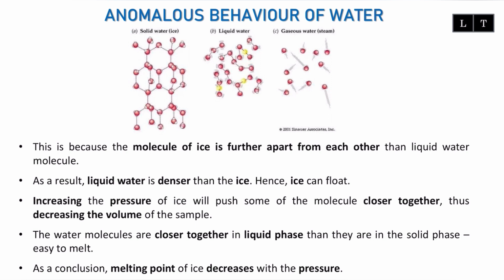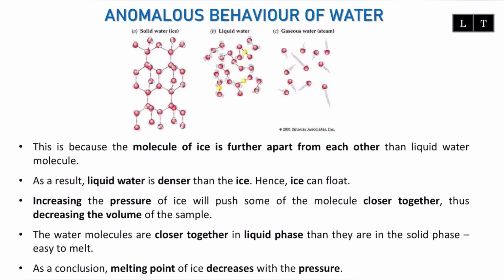So, molecule for ice iaitu solid, dalam kes ini dia further apart from each other berbanding dengan liquid water kalau awak nampak kat sini. Because water dia boleh buat tetrahedral arrangement based on electron group arrangement. Cuma liquid water sekarang dia lebih denser daripada ice. Sebab tu ice tu boleh float kerana spacing antara this one lebih besar daripada spacing antara this one.